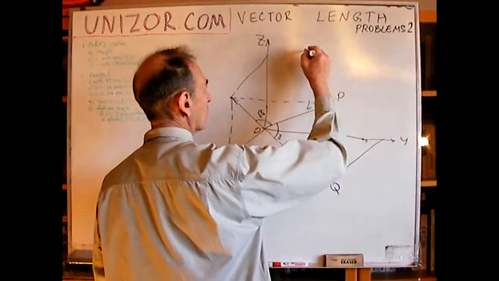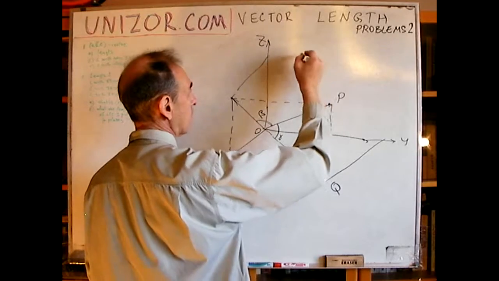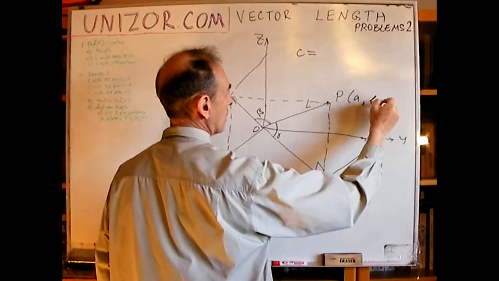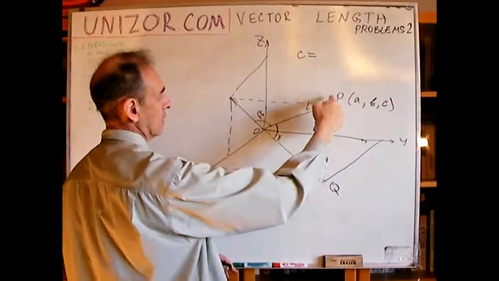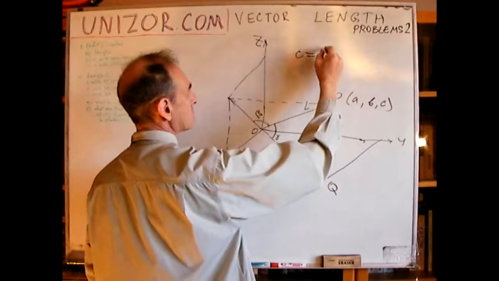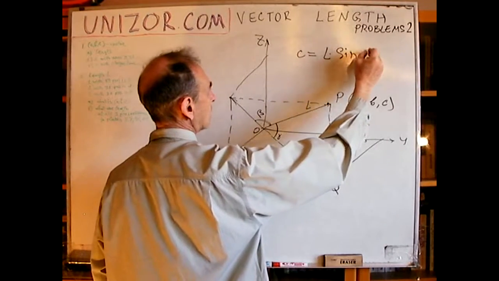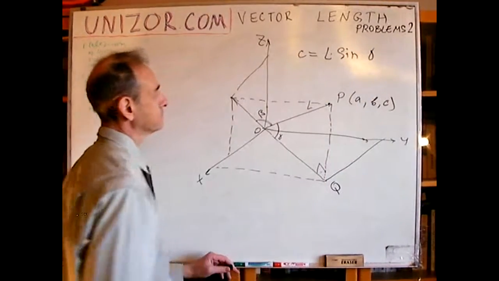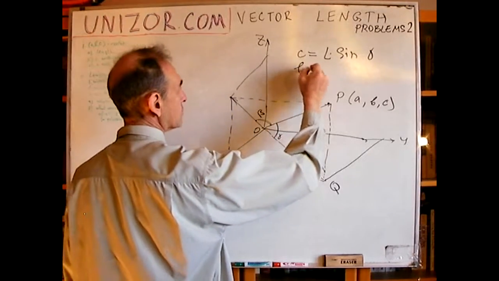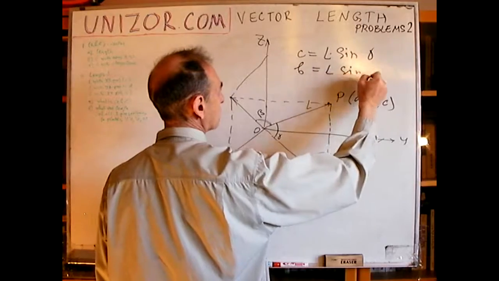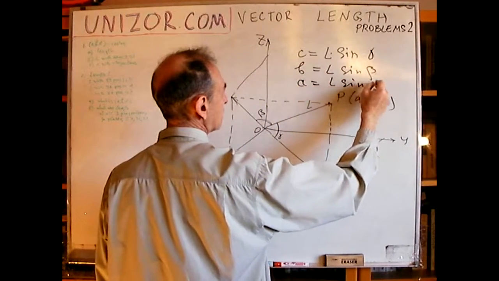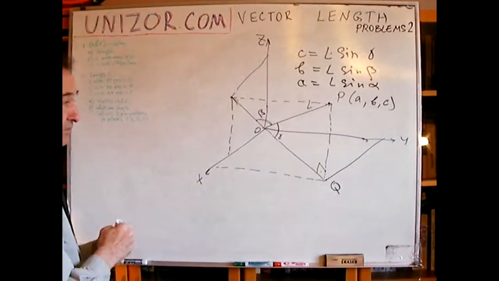This PQ, which is the z coordinate, which is C in our representation, is equal to L times sine of gamma. And absolutely similarly, you will get that B is equal to L sine of beta, and A is equal to L sine of alpha. That's it, it's very simple.